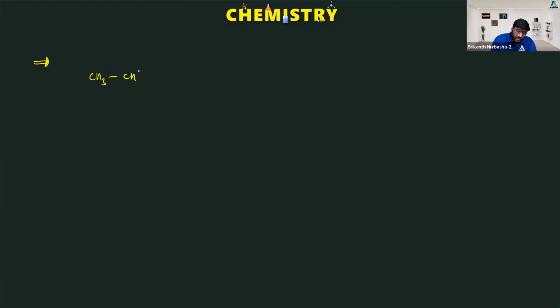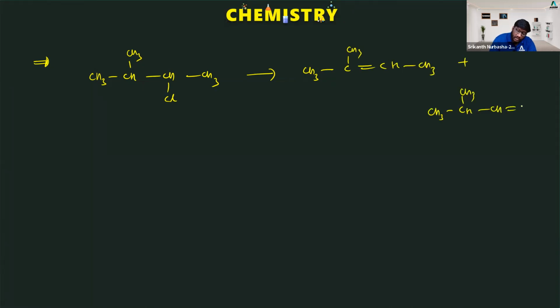CH3 CHCl CH3 forms these two types of products: CH3 CH=CH CH3... CH3 CH=CH2.